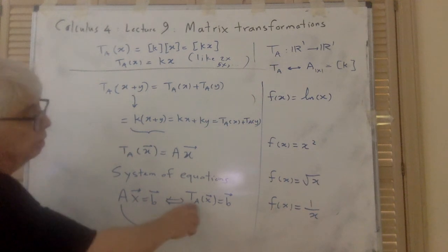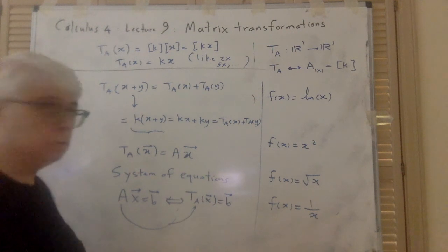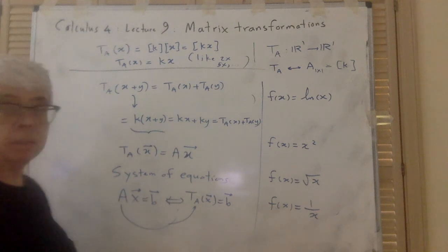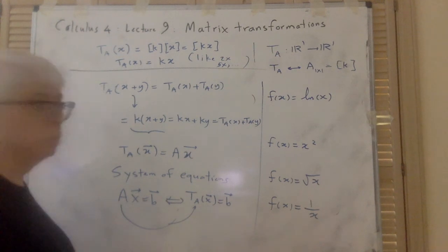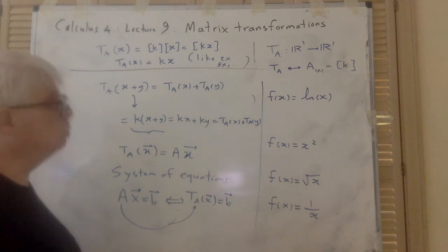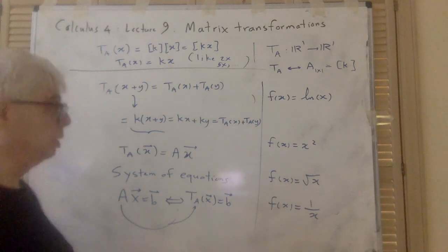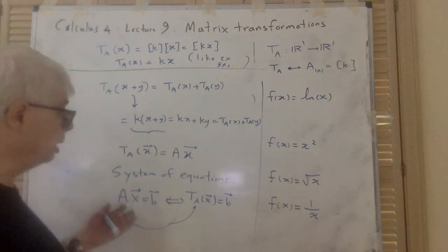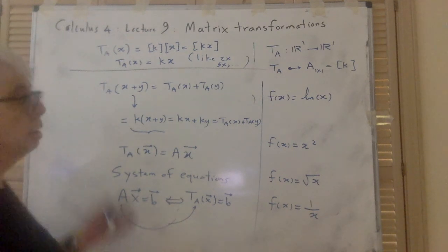If I study this TA, then maybe I find some results regarding matrix transformations that can help me solve AX faster, easier, or maybe give me a much better algorithm to solve a system of equations, which happens a lot. That is how mathematics works. When you bring in some abstraction, it can help understand this better, help solve it better, and help find a better algorithm to solve it using computer programming, and so on.